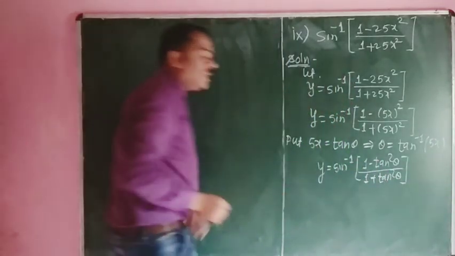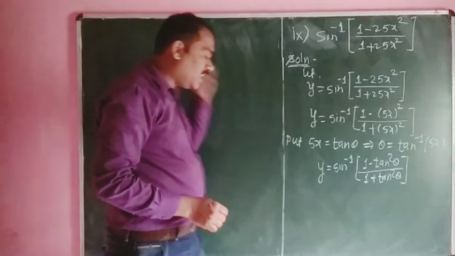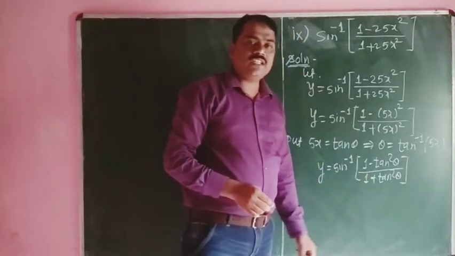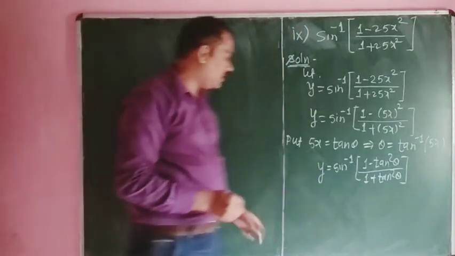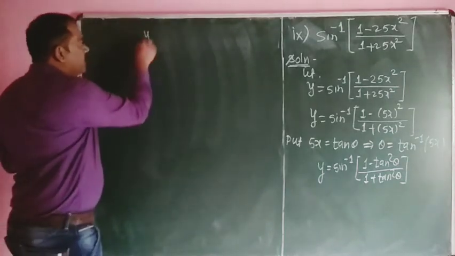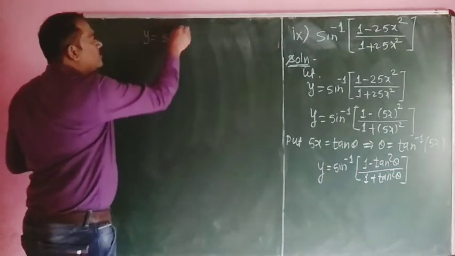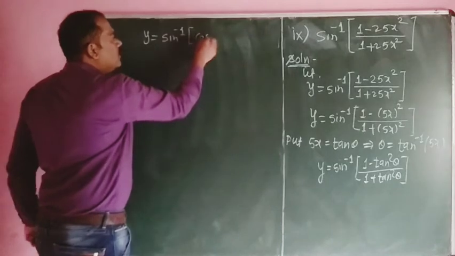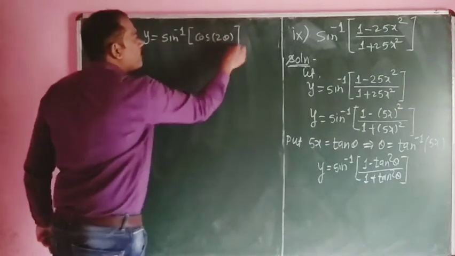Now we have to know the value of this bracket. 1 minus tan square theta divided by 1 plus tan square theta is nothing but cos 2 theta. We have to use it directly. y is equal to sin inverse of cos of 2 theta.